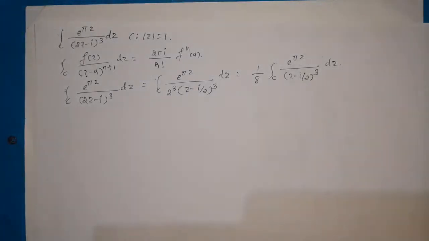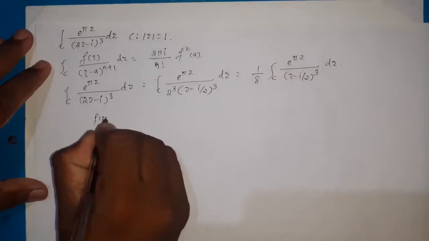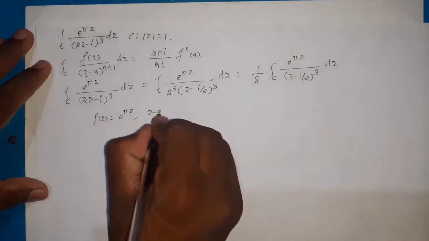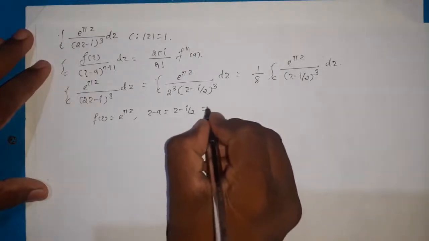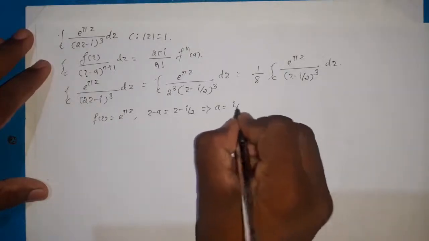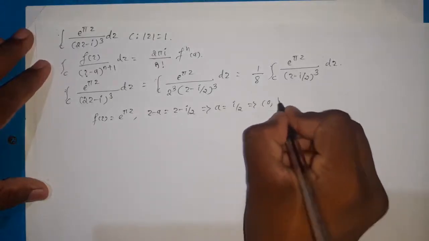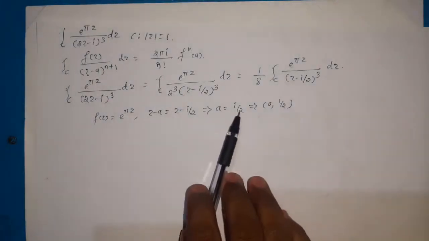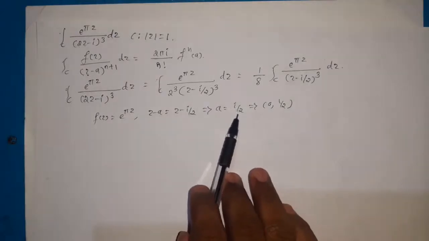So now we can find the value of a. Now in this integral f of z is e power pi z, then z minus a is equal to what? z minus i by 2. It implies a equal to i by 2, and the coordinates of this are 0 comma 1 by 2, because here only the imaginary part is given, that is i by 2.